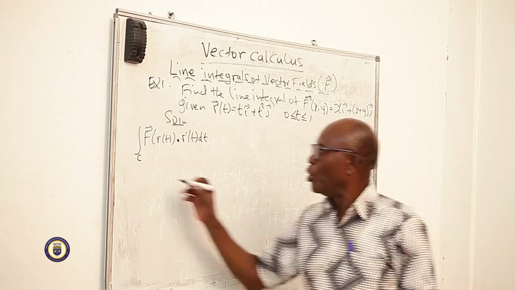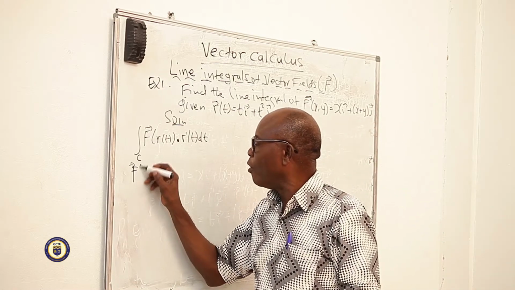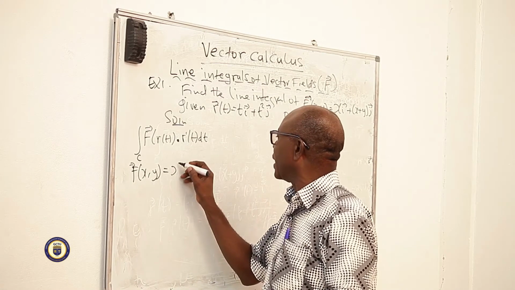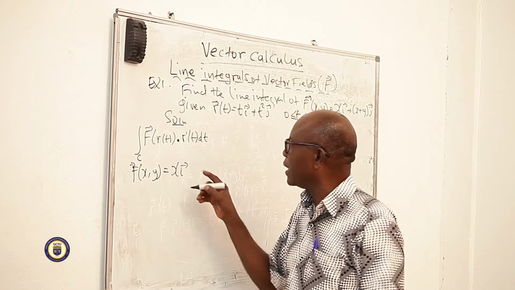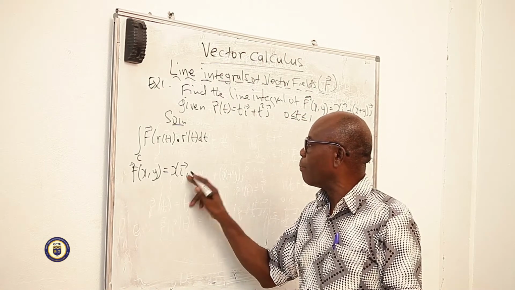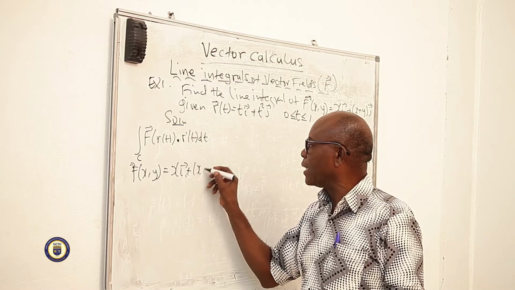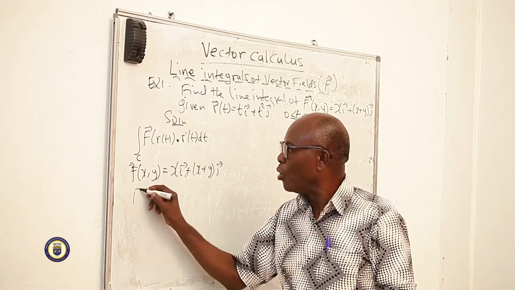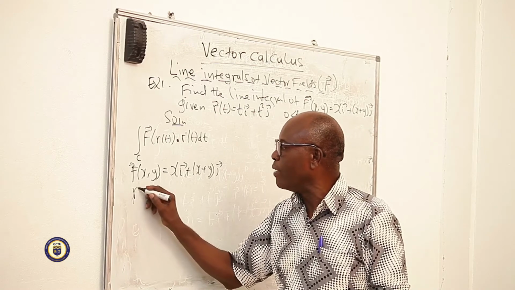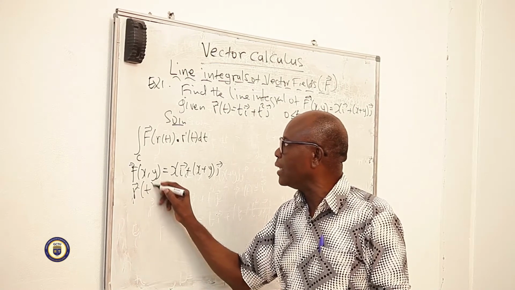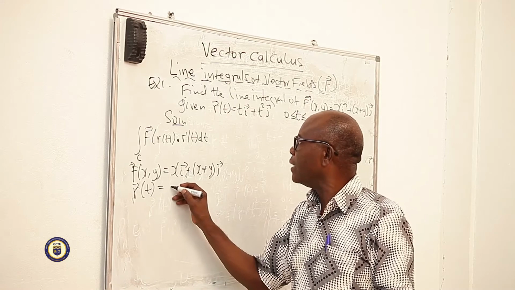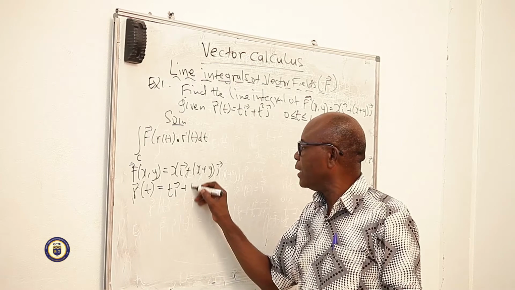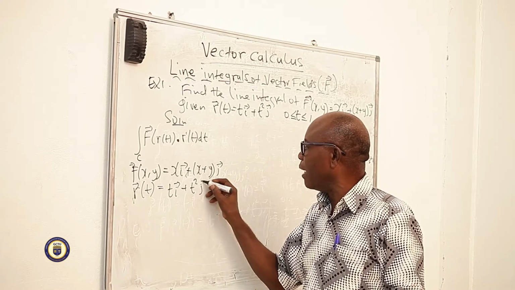We know F of x and y to be equal to x in the i direction plus x plus y in the j direction. And r of t is given as t in the i direction plus t squared in the j direction.